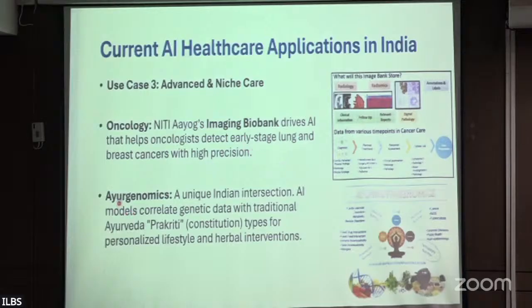And Ayur Genomics, an Indian intersection actually, is an AI model that correlates genomic data with traditional Ayurveda Prakriti, that is constitution types, for personalized lifestyle and herbal intervention. So in Ayurveda, there are also some AI-based applications for treatment and support.